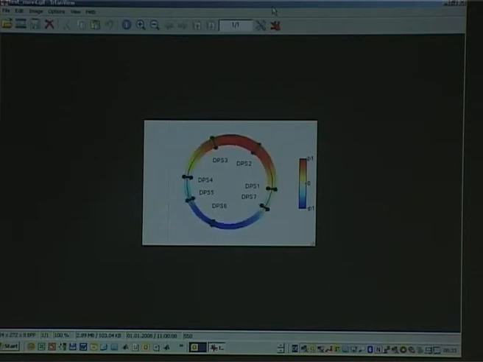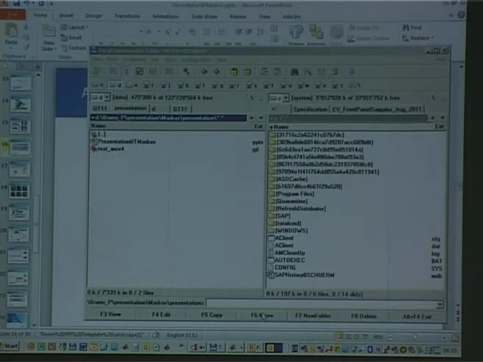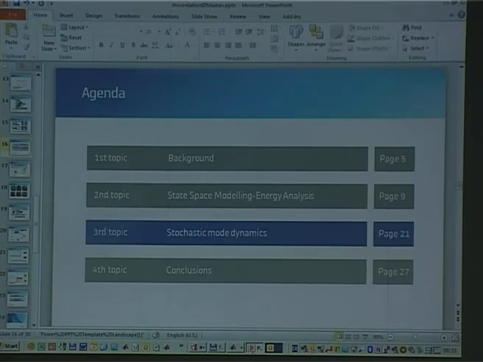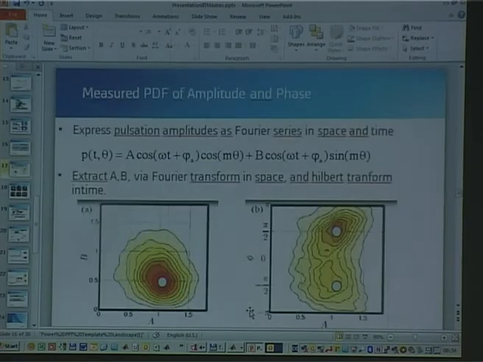But I was not really right, because you see sometimes it's rotating, sometimes it's standing, sometimes it switches, etc. And what I want to show further then is basically an analysis of these kinds of modes. And this behavior, you get it really because it's a stochastically driven nonlinear system.